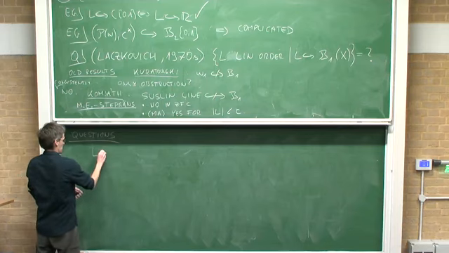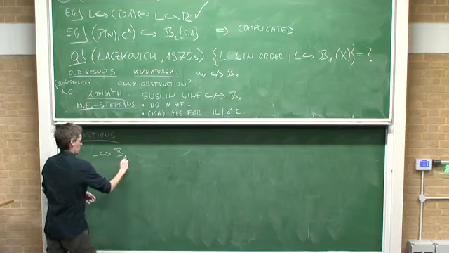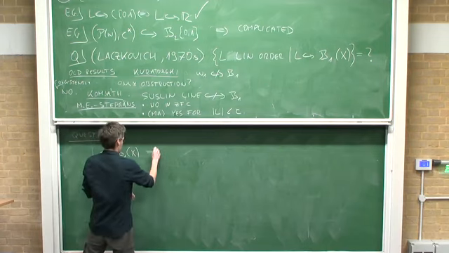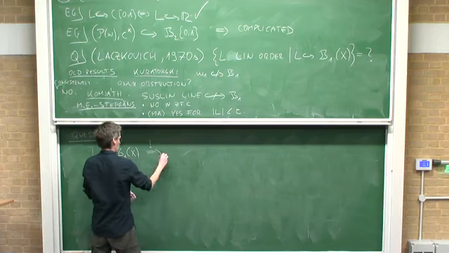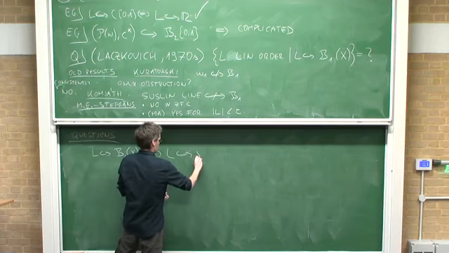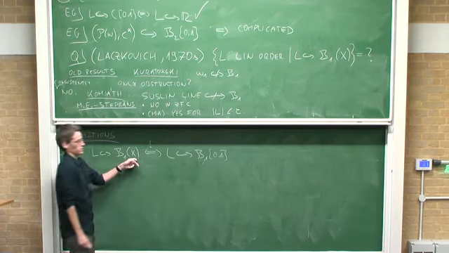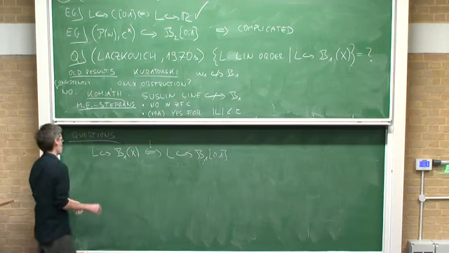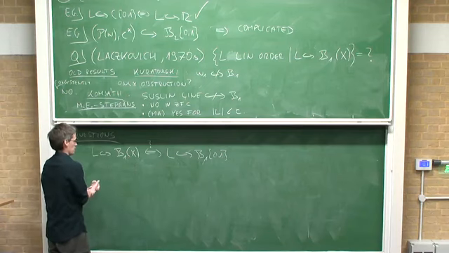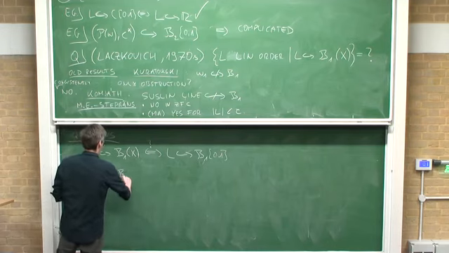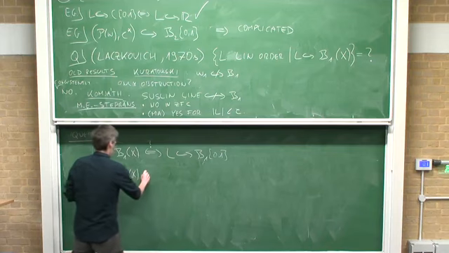If L is embeddable into the Baire functions on some Polish space, does this imply, or is this equivalent to, L is embeddable into the Baire functions? So does X matter or not? This is the question. Suppose L is embeddable into this class of Baire functions.